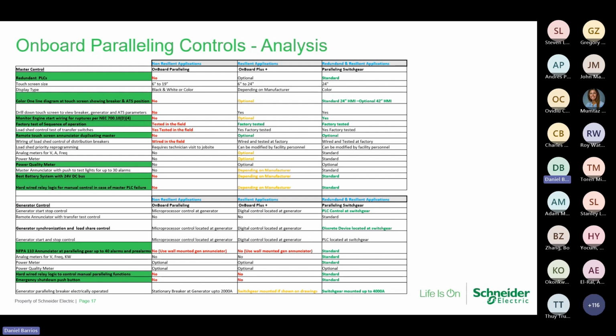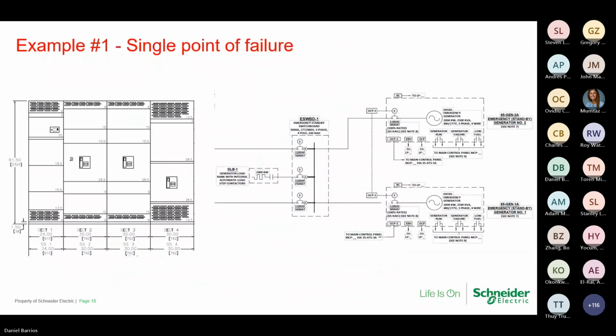We will go through the complete sequence of operation and debug the system before it would get out into the field. So the NFPA annunciation, when you look at the left column, no, you're simply getting the unit mounted generator annunciator. Whereas when you come over to the right side, you may have a full-blown set of lights, meters, and reporting available to you to meet all of the NFPA requirements.